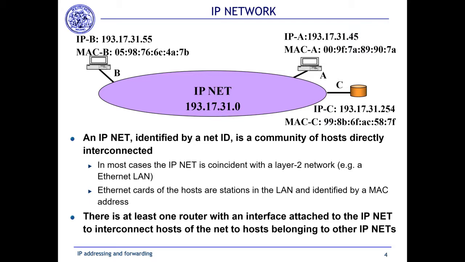Also, hosts can have multiple interfaces. For example, in your PC, you always have the wired transceiver, so the connection to wired internet, and the Wi-Fi interface. They are two different interfaces. In fact, they have two different IP addresses, and they also have two different MAC addresses and so on. However, in the typical case, only one is active at a time.